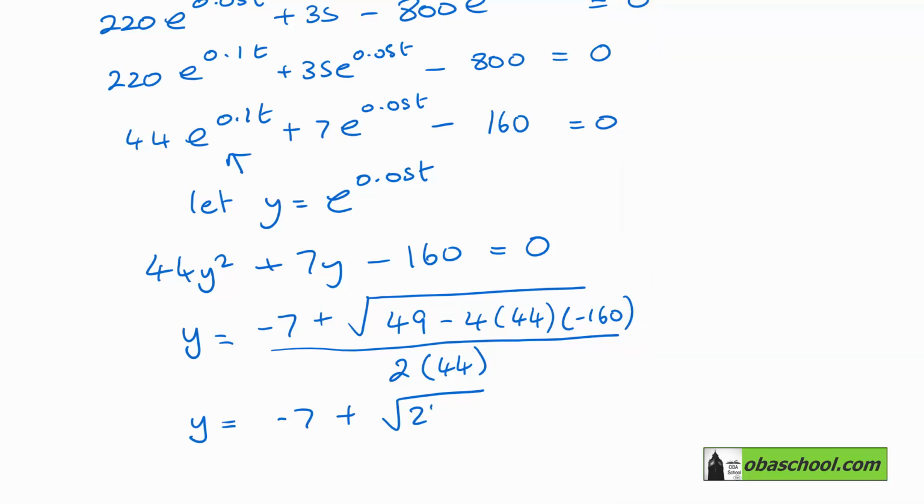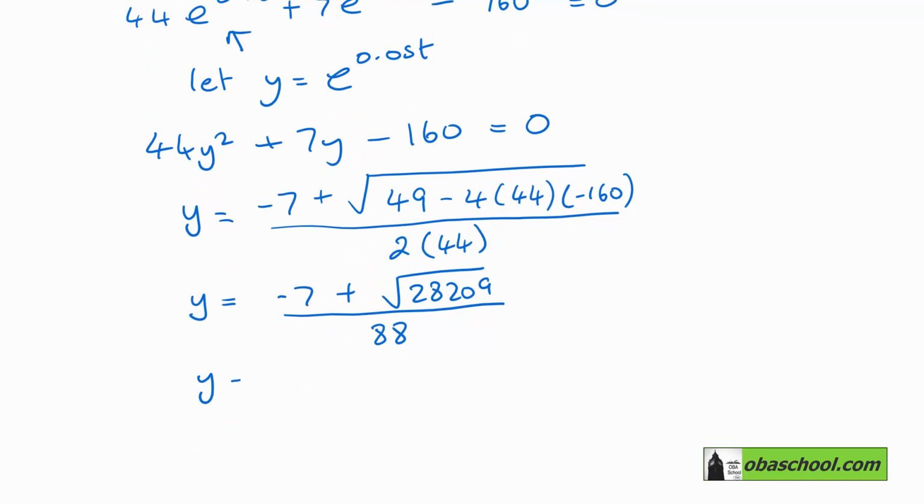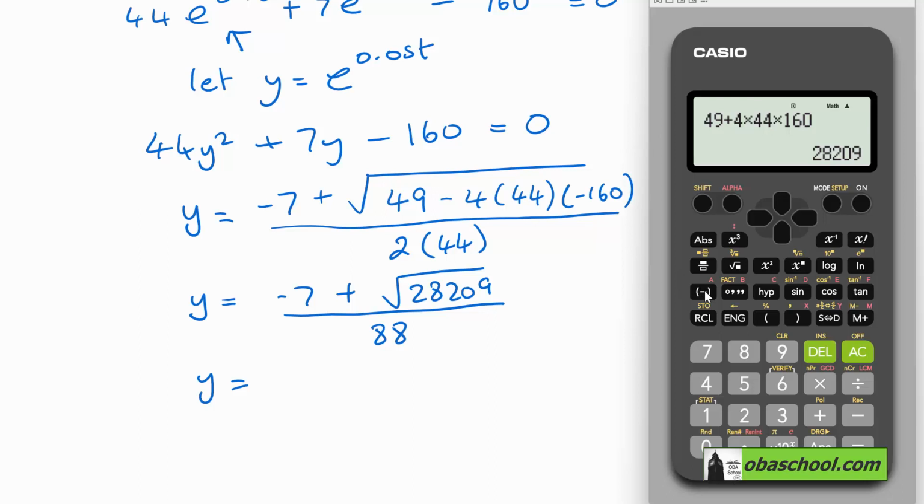That was 28209 all over 88. So we can calculate the value of y, and it will be -7 plus the square root of 28209. And we just need to divide that by 88, which is 1.829.